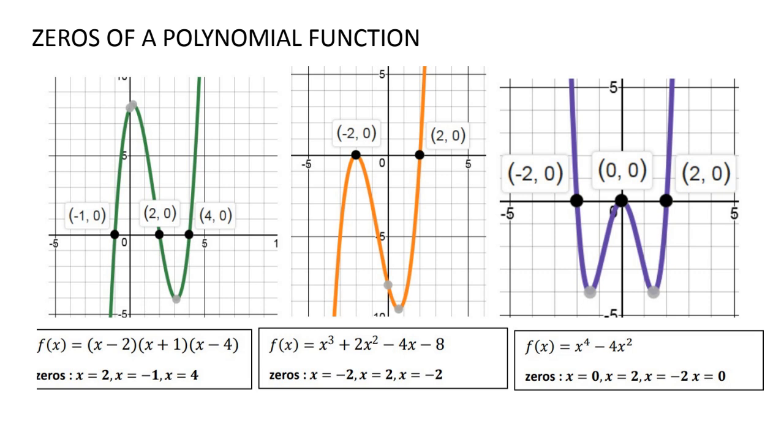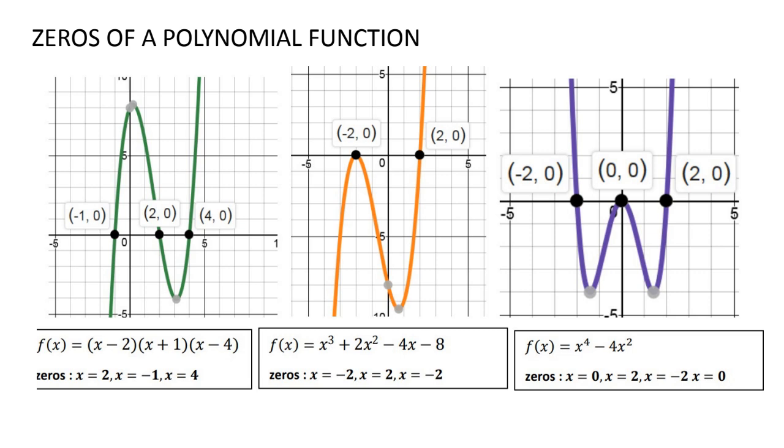And then for the second one, we have the same situation. We are going to have two zeros, -2 and 2. That's where my graph is crossing the x-axis. And then for the third one, we have -2, 0, and 2.